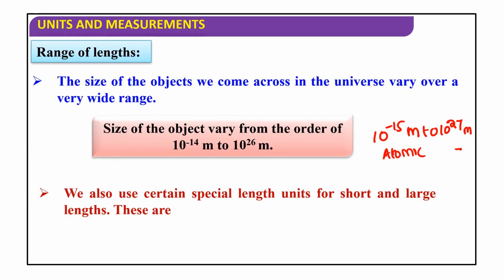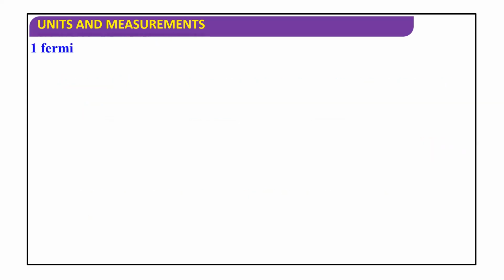Yes, sir. So, these are the ranges of length. 1 Fermi is equal to 10 to the power minus 15 meter. I'll tell you where it is used. It is usually used to express the radius of a nucleus. So 1 Fermi is equal to 10 to the power minus 15 meter.